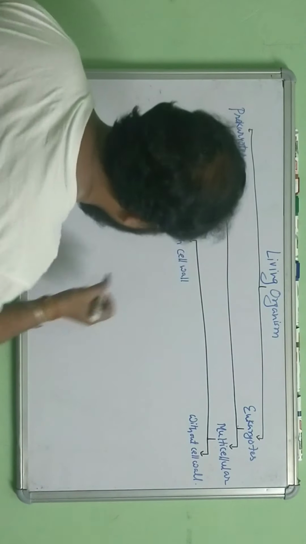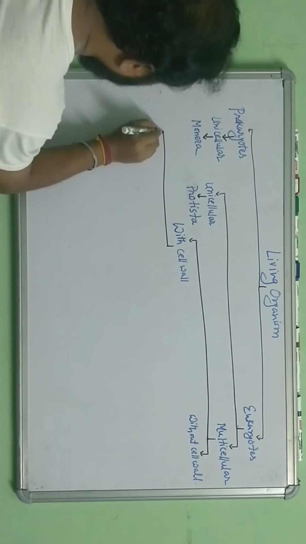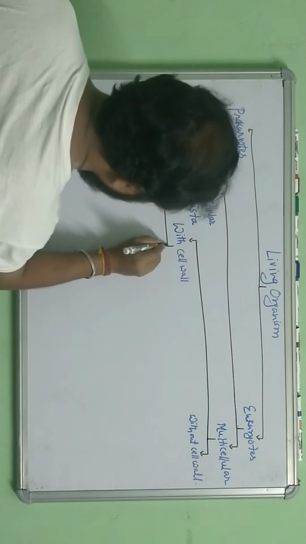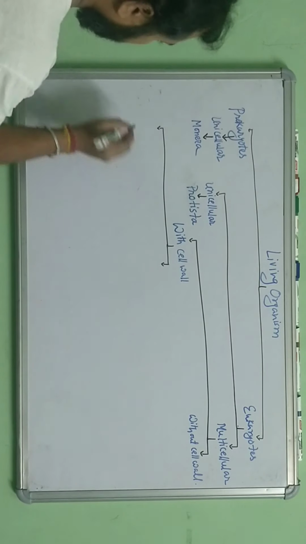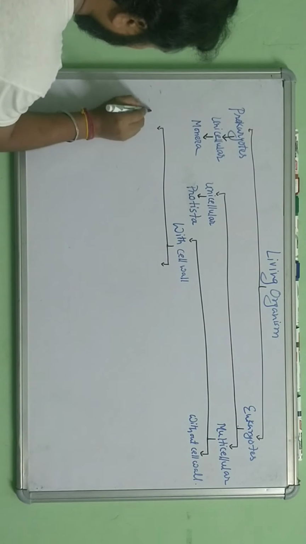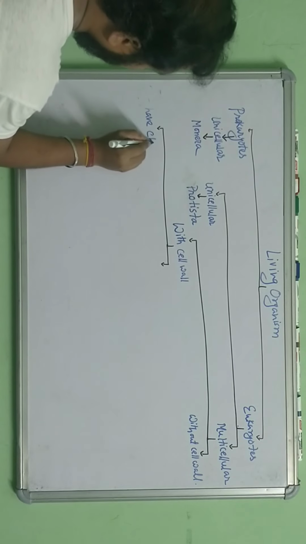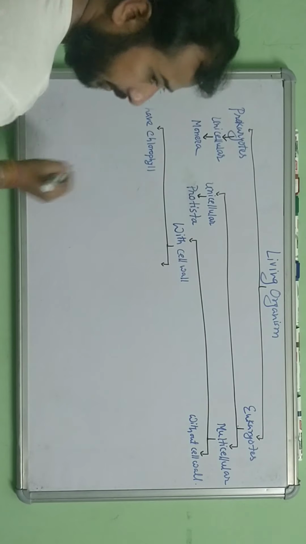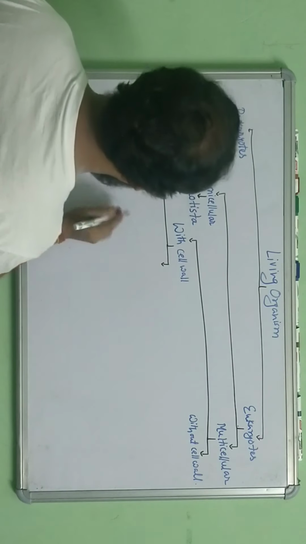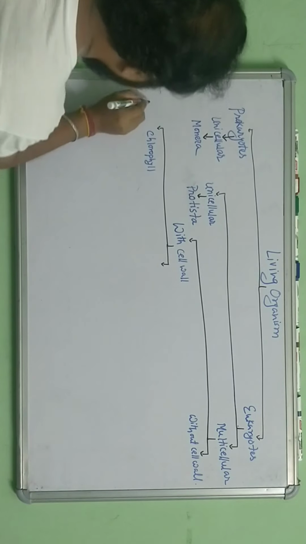So let's divide them again into two categories. With cell wall, they either have chlorophyll or are without chlorophyll.